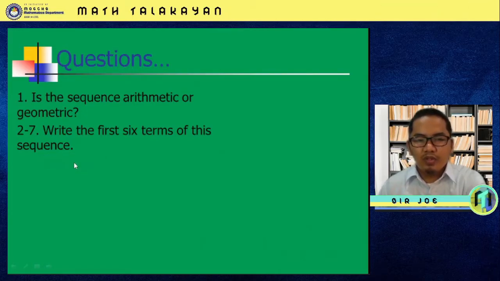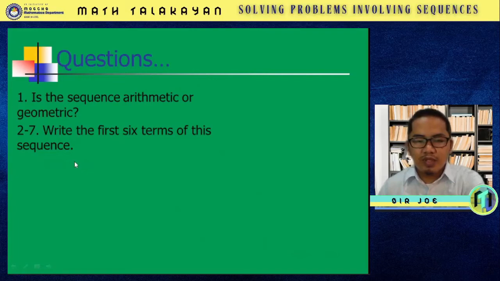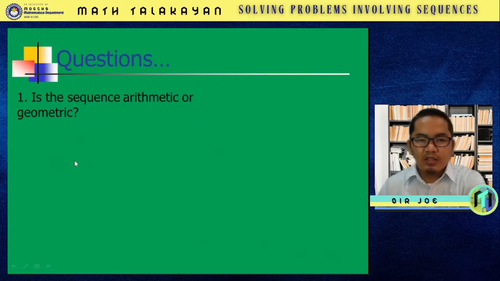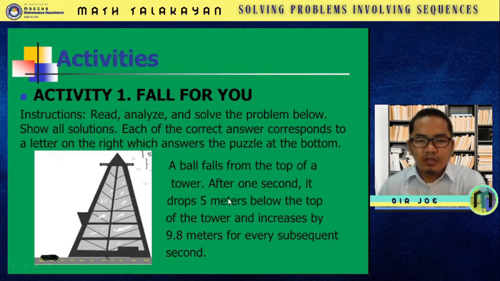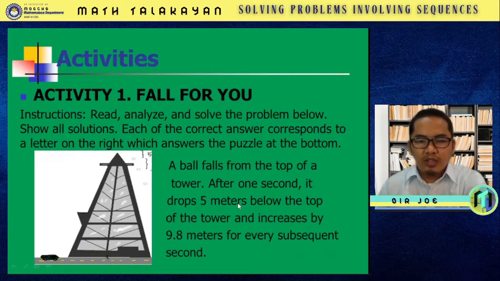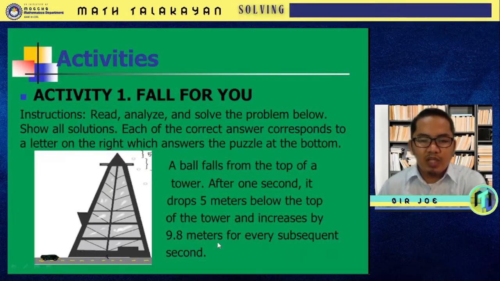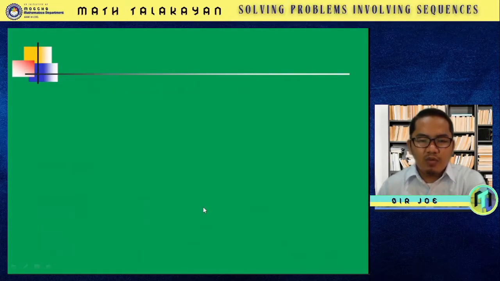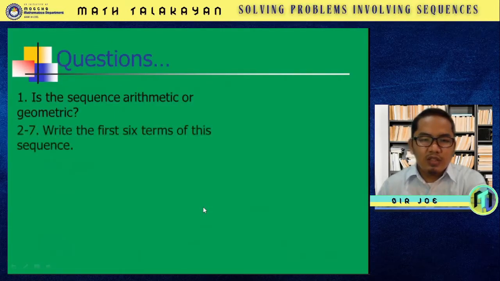So we know that the first term is 5, since after 1 second, it drops 5 meters below and increases by 9.8 meters for every subsequent second. So after 5 meters, what is the next?